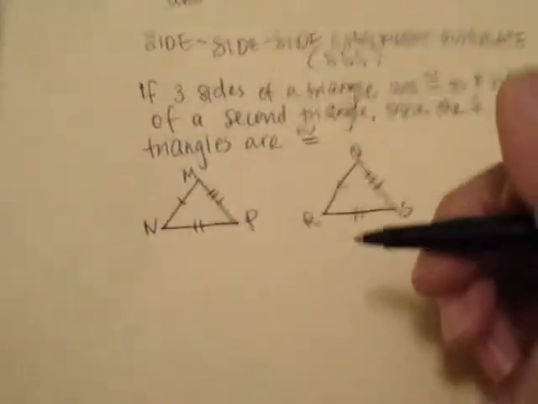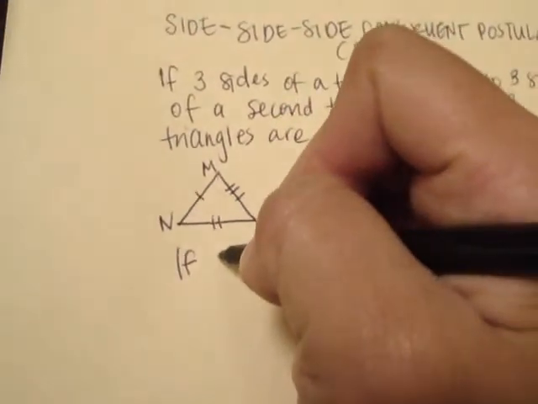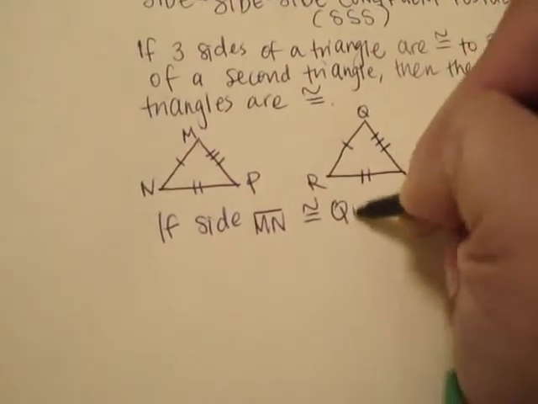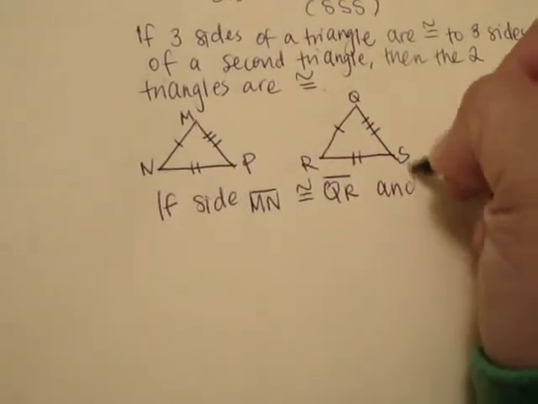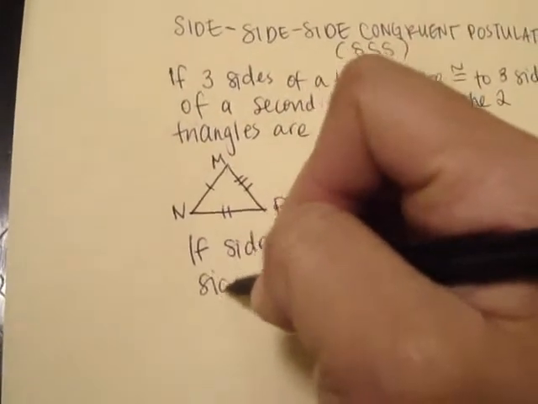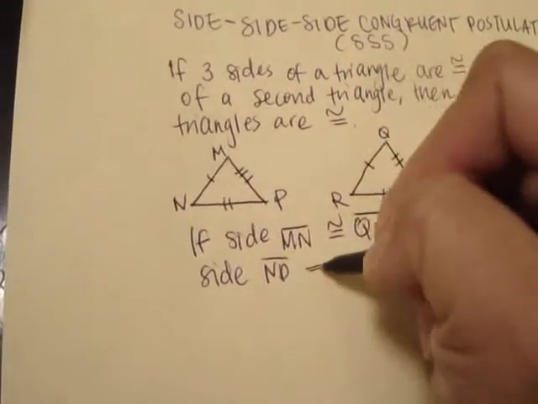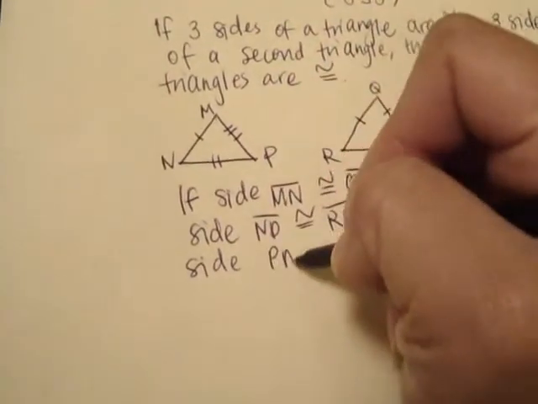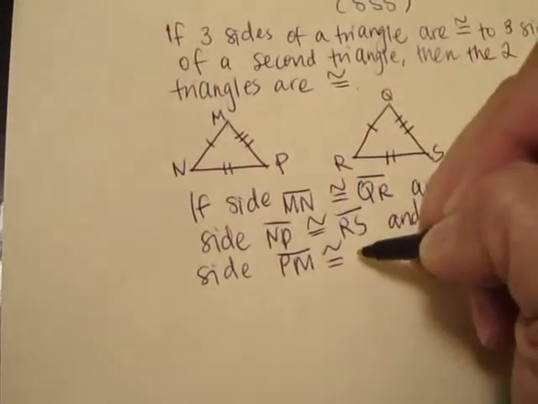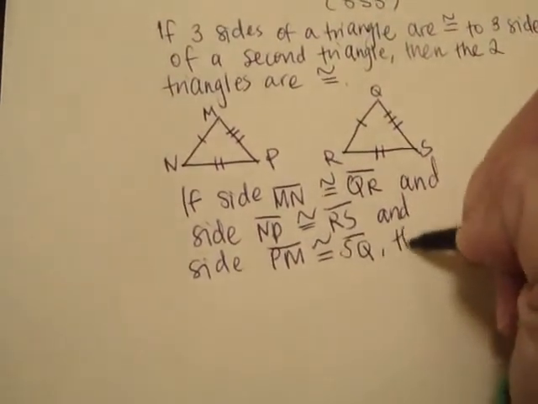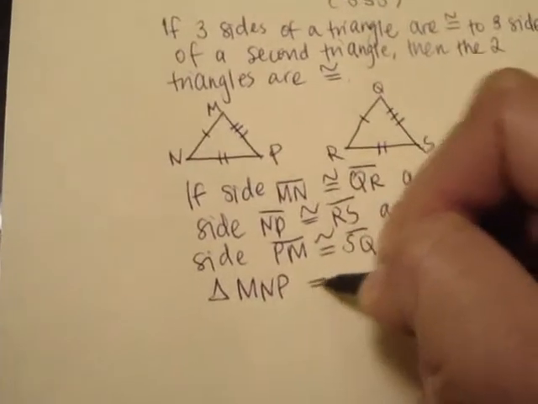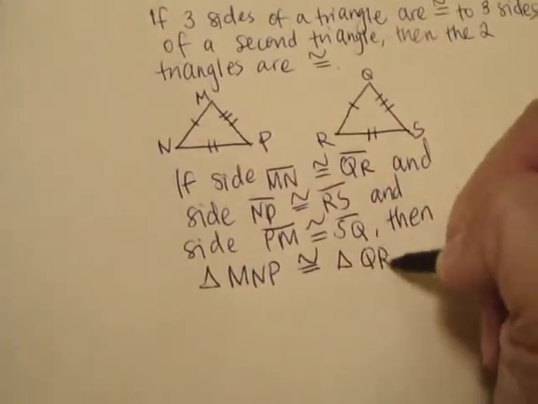Okay, so let's write this down. If side MN is congruent to QR and side MP is congruent to RS and side PM is congruent to SQ, then we can go ahead and conclude that triangle MNP is congruent to triangle QRS.